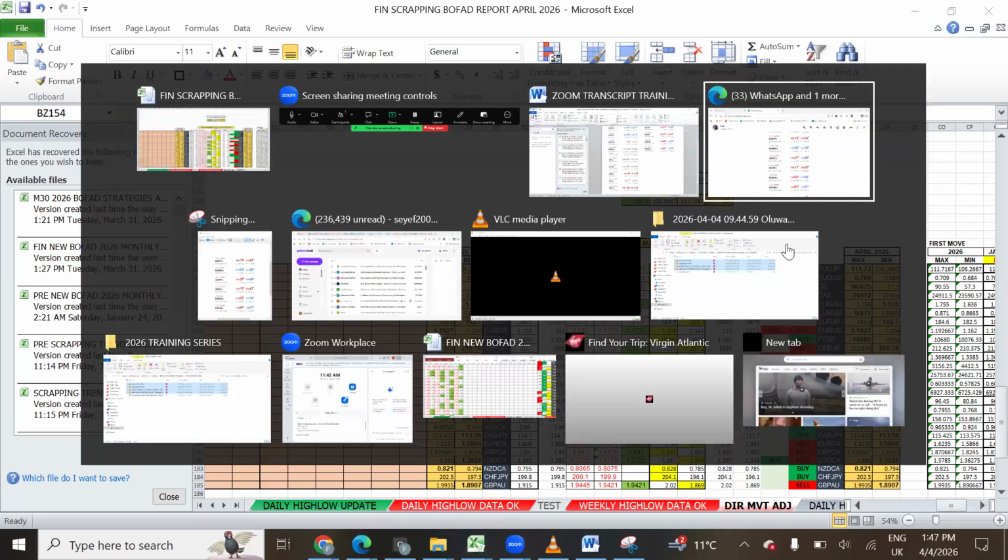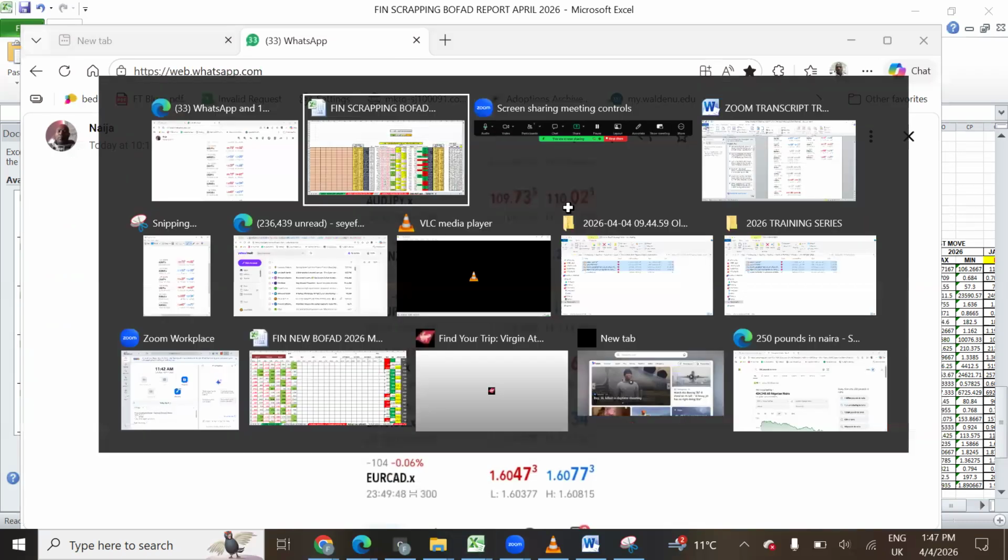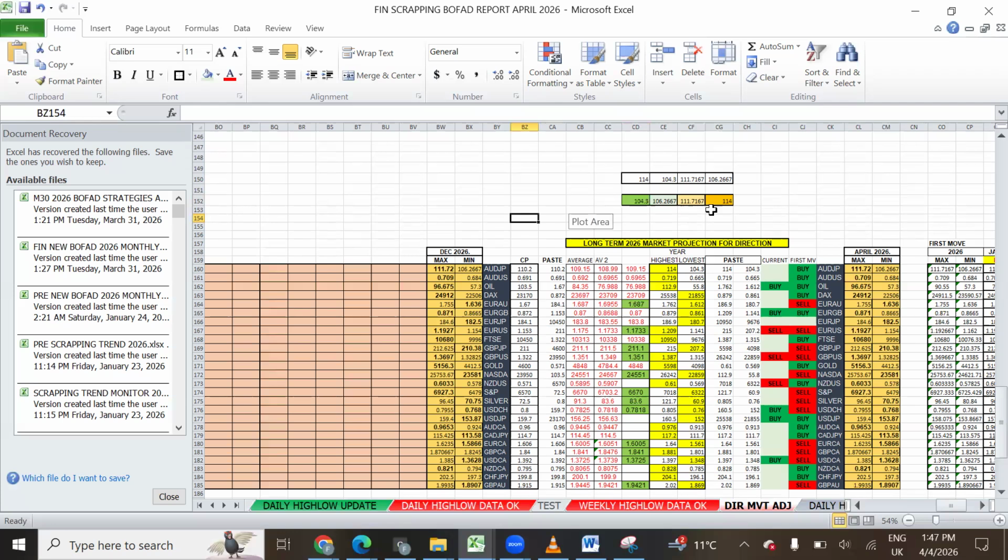Okay, for ADPY, like I showed earlier, you can see the current price is, let's say, 110. So according to that theory, the current price is 110, so it's in between here. Okay, so that's the current price.